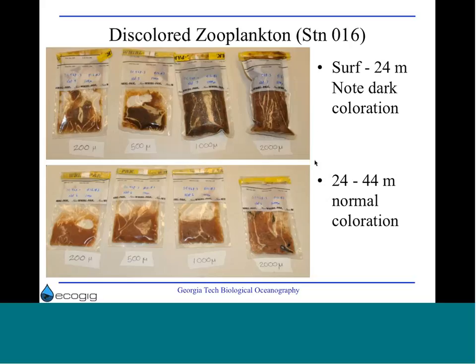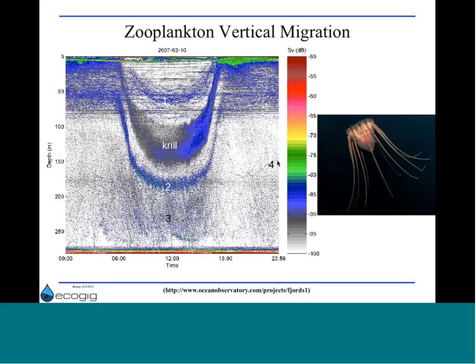The other thing I need to tell you or remind you of is that animals in the ocean carry out a very regular, very well-defined migratory pattern that looks like this. This is actually an echo sounder record. It goes from midnight one day to noon the following day and midnight the following night.